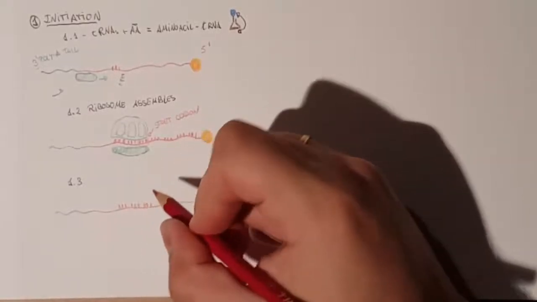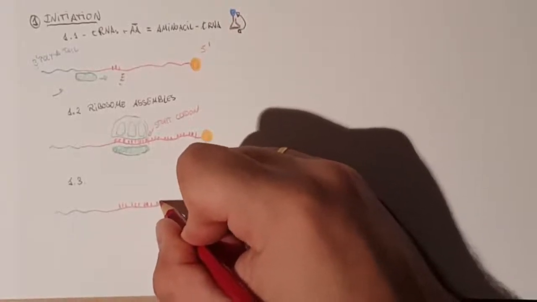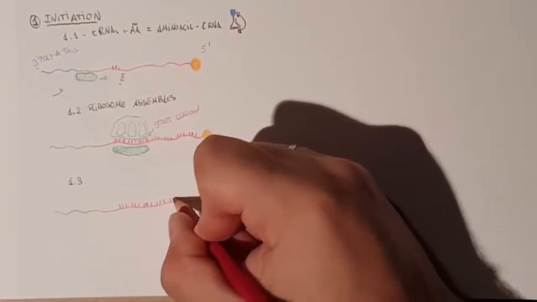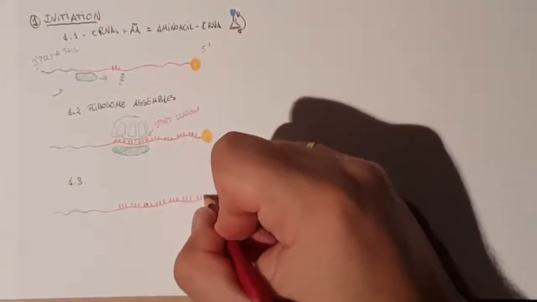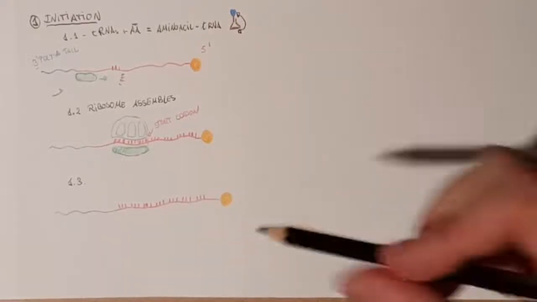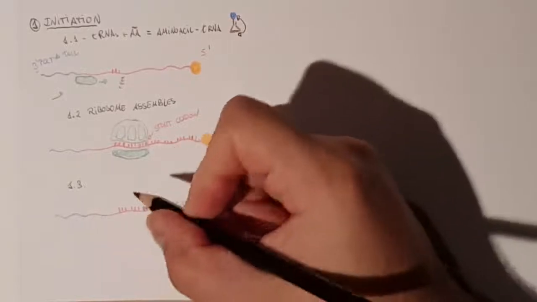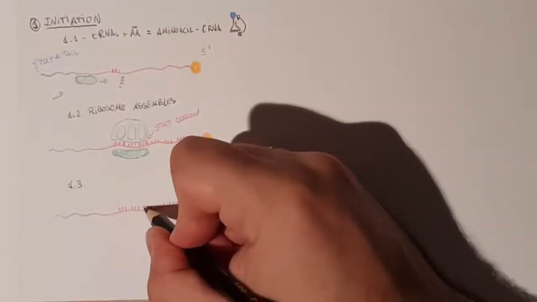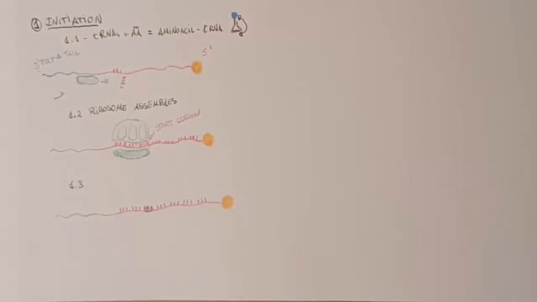This one is going to be the start codon. I'm going to highlight the start codon with a little bit of black. It's not that it's different, but I want you to see where it is.